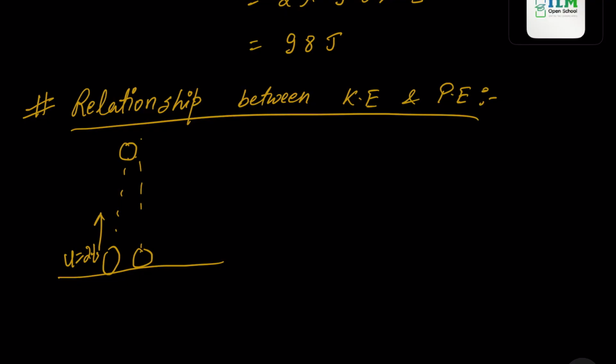This is ground level and I am taking this level as reference level. So if I'm taking it as reference level, what is potential energy here? Potential energy here is 0.